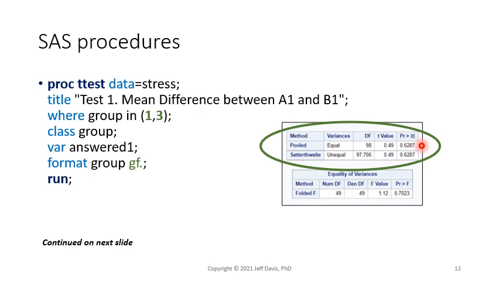Just like with any other probability associated with a test outcome, if the probability is 0.05 or less, we reject the null. In this case, we have a probability that far exceeds 0.05, so we say the null is probably true.